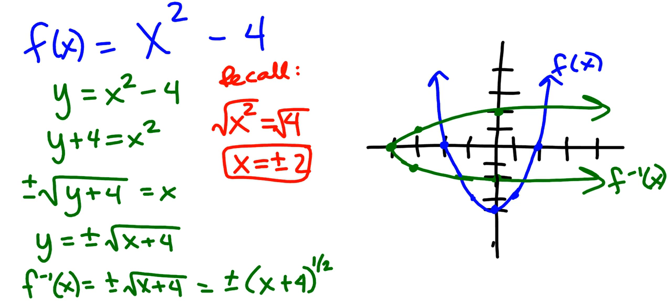If it passes the vertical line test. So if we have a line, this is a line segment, but if it passes the vertical line test, then it would be a function. But is f inverse a function? No, because right now we have two outputs for the same input. So because of that, we do not have an inverse. So this inverse is invalid because it's not a function.